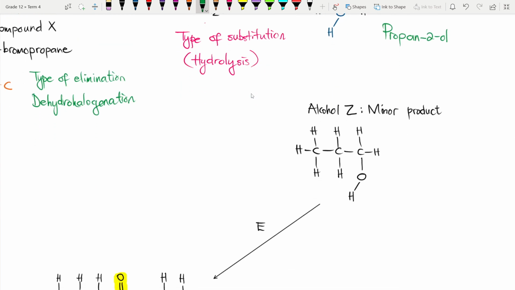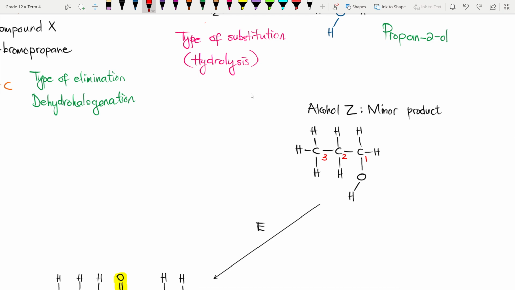What is the name of this? Propanol. Okay, I'll give it to you, but we do have to specify because the OH can move as well. So now I'll start my naming from the far right, because that's where the disturbance is.